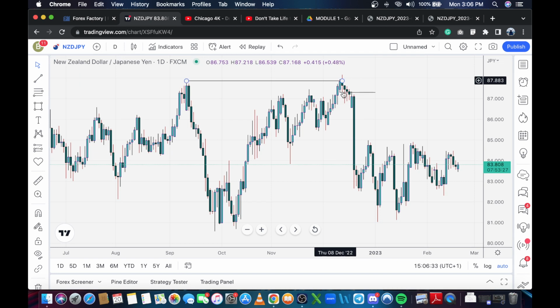So what happens? The market goes back up there to redistribute or to build in more of the pre-existing positions up here, and then delivers to sell side. That's how you get a bearish order block.